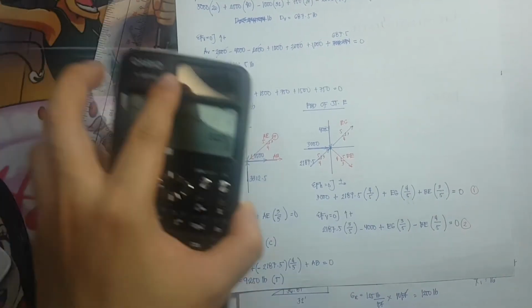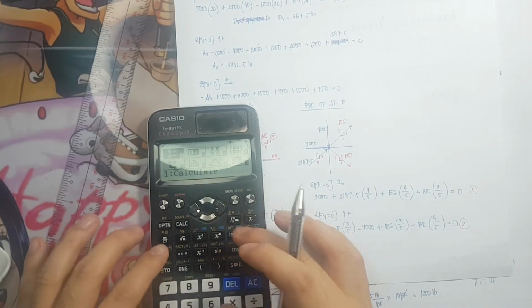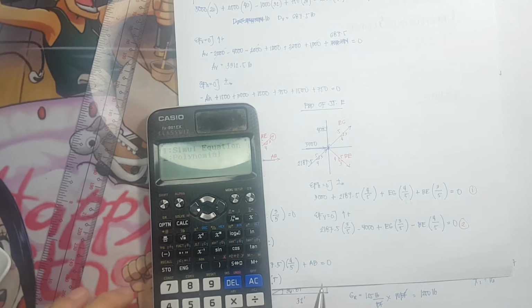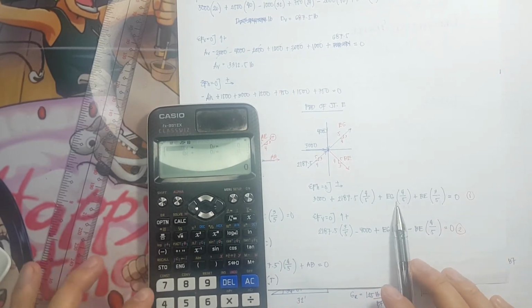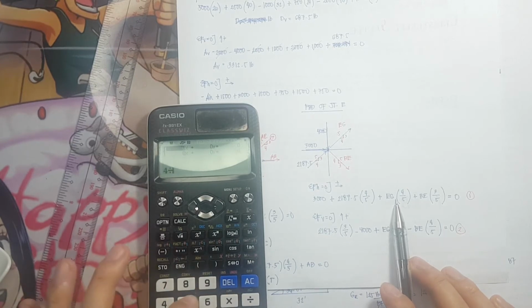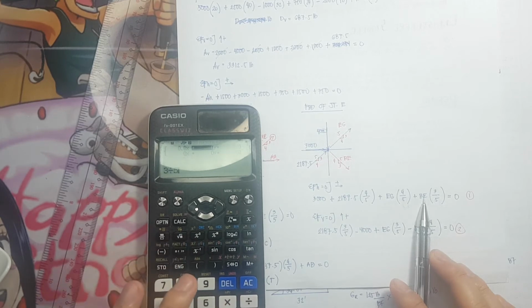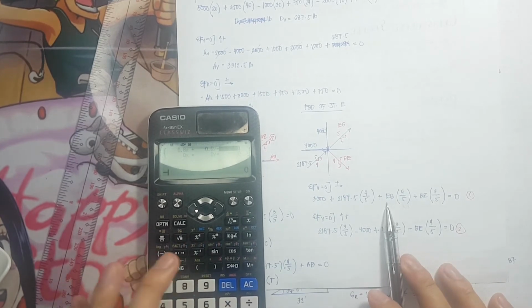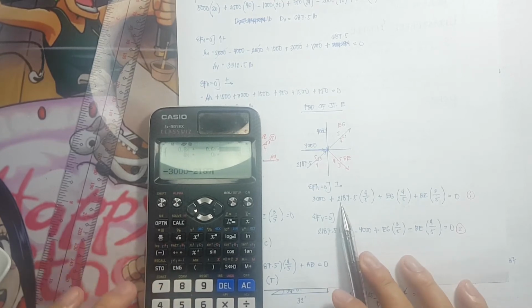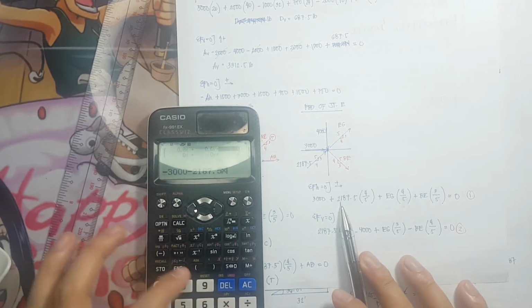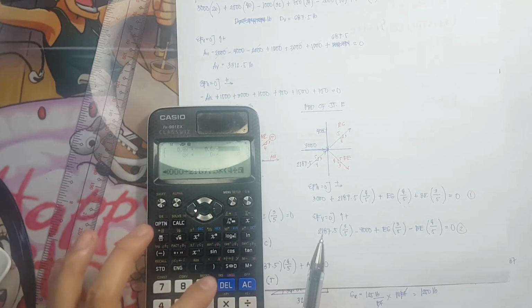Okay? So we have here, solve it simultaneously. Two unknowns. EG is 4 over 5. BE is 3 over 5. Then negative 3,000 minus 2,187.5 times 4 over 5.